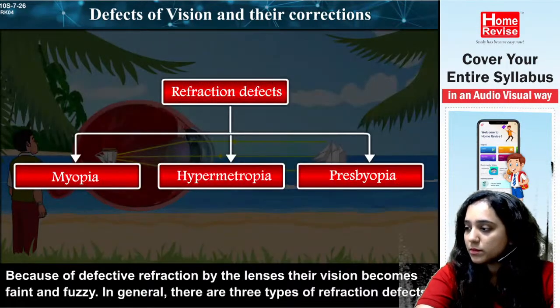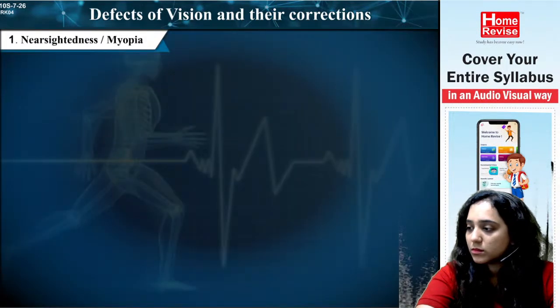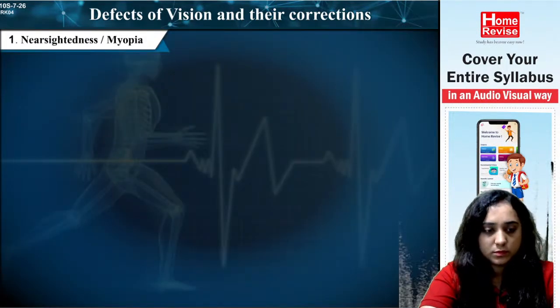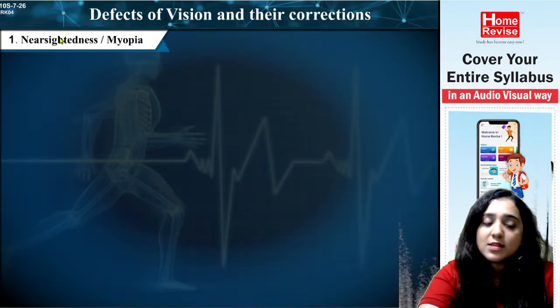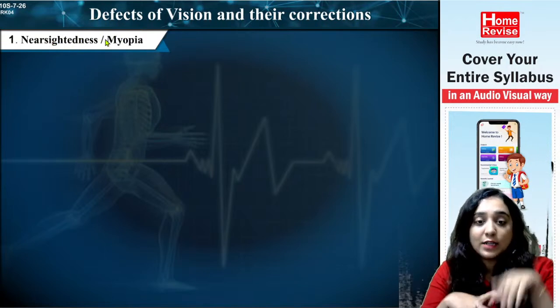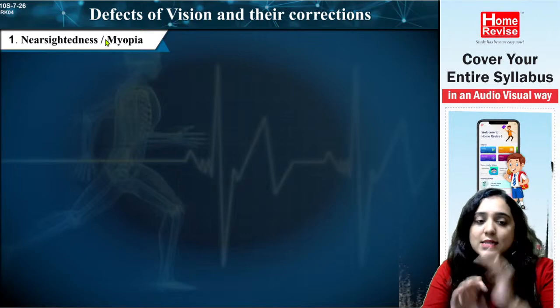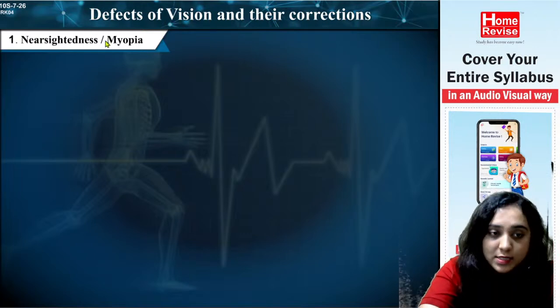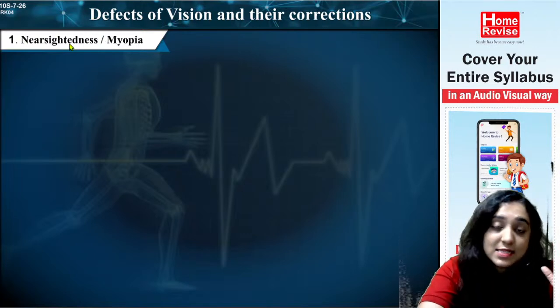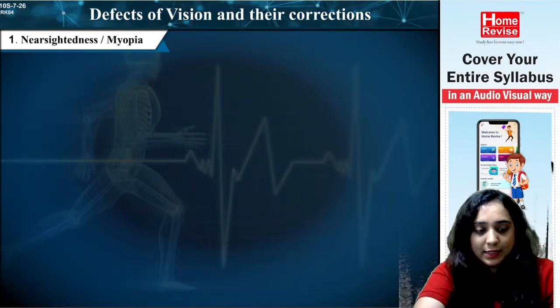There are three types of refraction defects. One, nearsightedness or myopia. Yes, so we have nearsightedness or myopia. Depending on all these things, we have to understand the first defect of vision. The first defect is called nearsightedness or myopia. Now see, can you see the name nearsightedness? By understanding the name itself, you will understand what exactly it is.